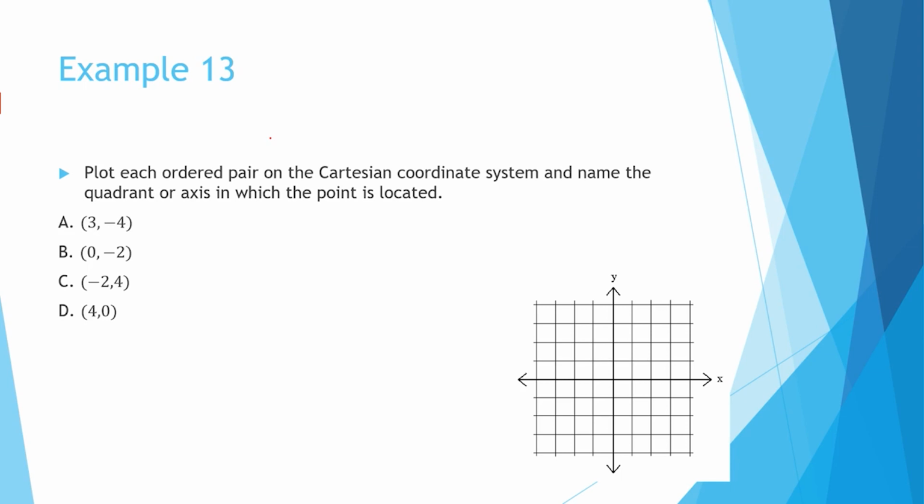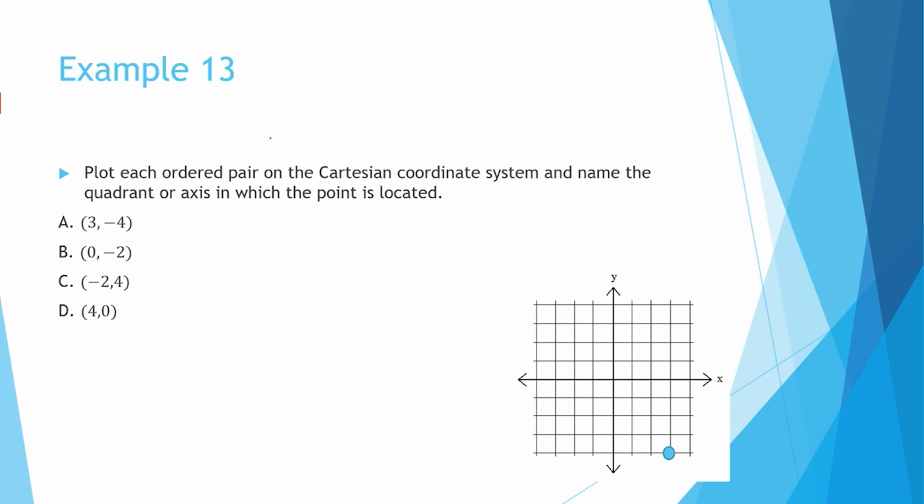So 3, -4 would be right there, right? The x is 3 and you're going down 4 at -4. You're seeing where those two line up. What quadrant that's in is quadrant 4.